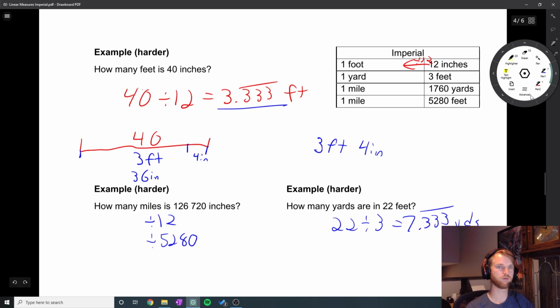So this would be 7 yards. This answer is correct, and it's fine if you leave it this way. But the best answer in this case would be 7 yards and I've got 1 foot left over. Because this 7 yards is like 21 feet, and then 1 more foot makes my 22.